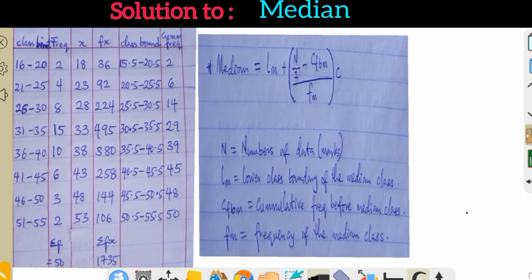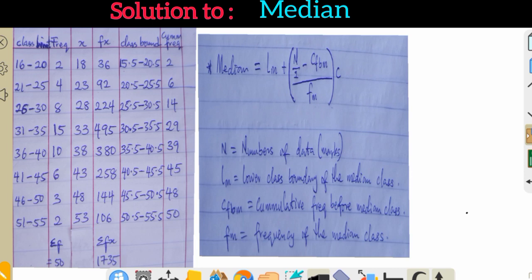For the median of grouped data, I will write out the formula again. The median is equal to LM plus, into bracket, n over 2 minus the cumulative frequency before the median class, over the frequency of the median class, times the class interval.